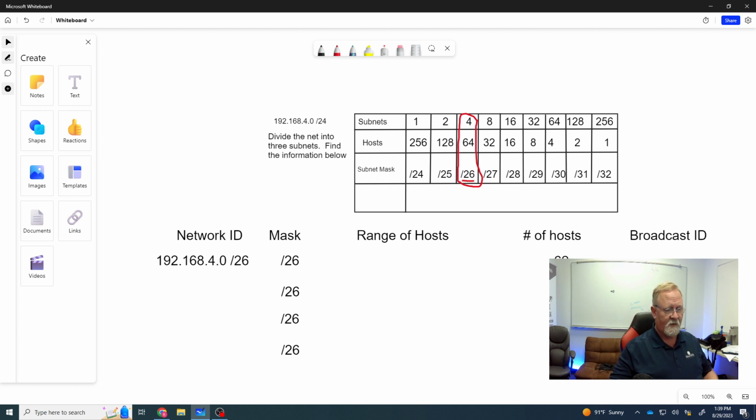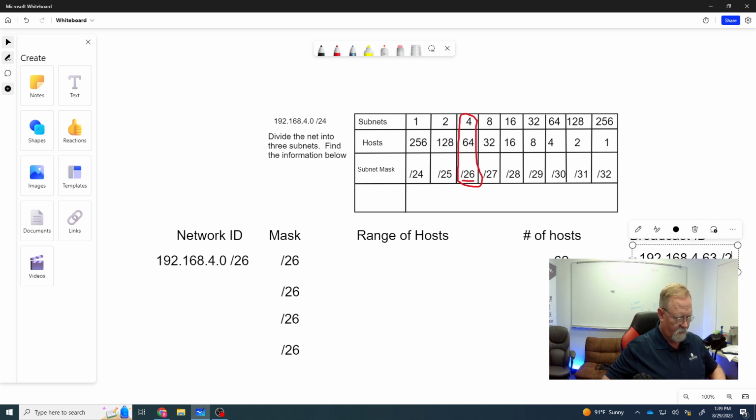If this is the lowest and this is the highest, and we're going to have 62 here, we've got a 0, and then 1 through 62 is going to be the usable addresses. So that gives us our range. And then our broadcast IP is going to be 63 because, like I say, we're starting counting at 0. The total should be 64, but because we start counting at 0, that backs it down to 63. 0, 1, 2, 3, 4, 5, 6, 7 to 62, 63. So we can go ahead and put our broadcast address in there.